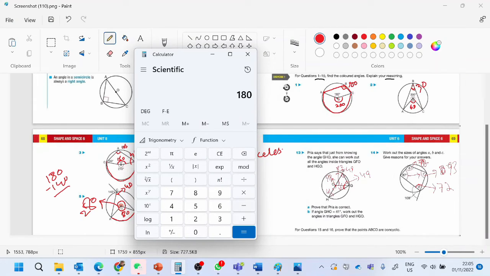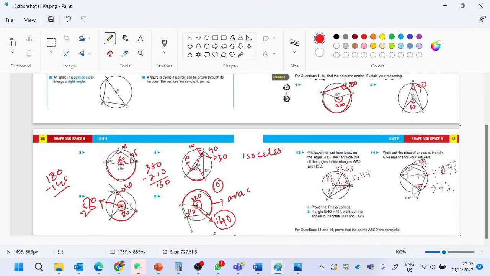So 180 minus 72 gives us 108. So B should be 108. The reason is the same: 108 plus 72, that makes B plus A equal to 180, and this C and 87, 87 plus C should again give 180.